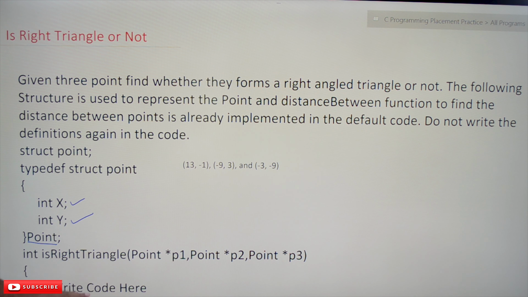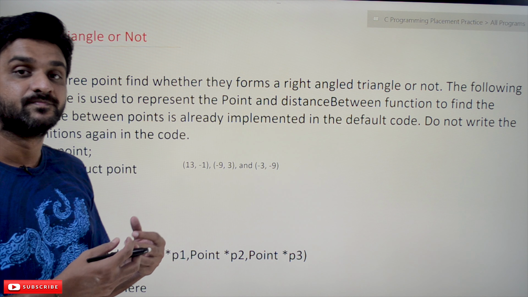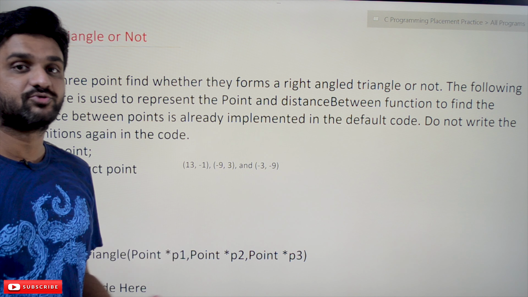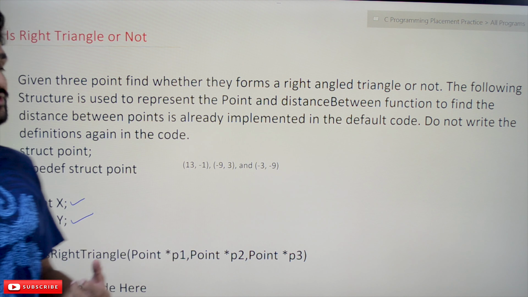We have to write the code within this function. The expected output is 1 if it is a right triangle, and 0 if it is not.